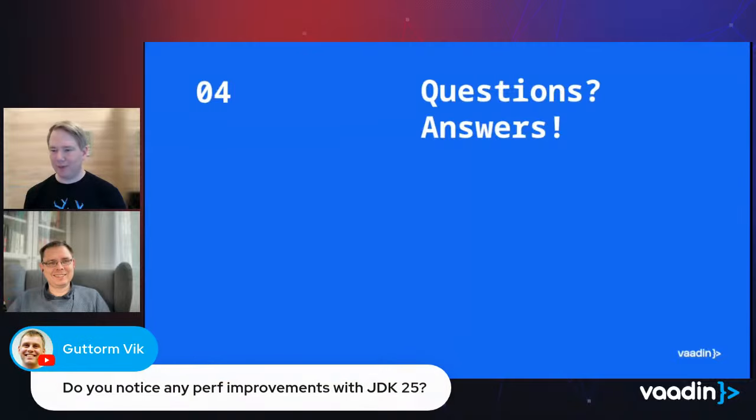Well, we briefly touched base on the performance side, but are there particular performance improvements we are expecting to see with Java 25? To be honest, I haven't looked. I expect there to be, especially if you use the new ahead-of-time compilation features.